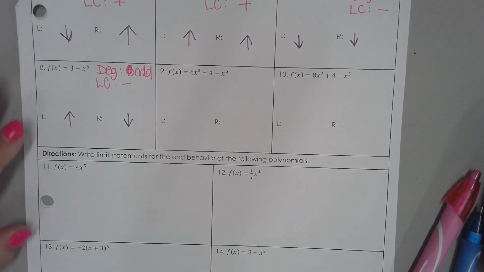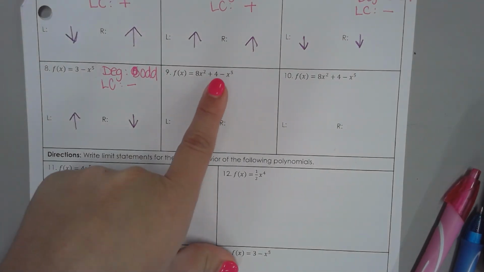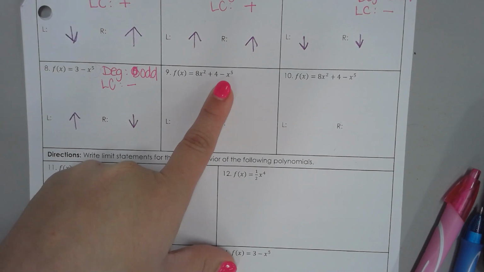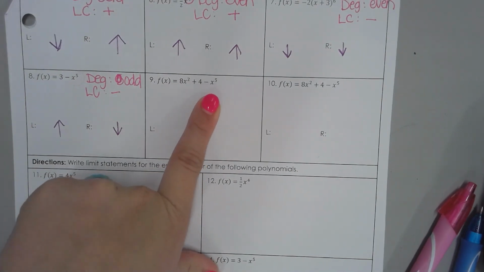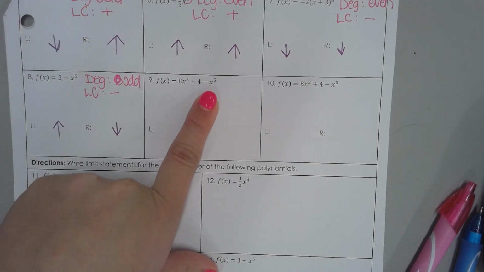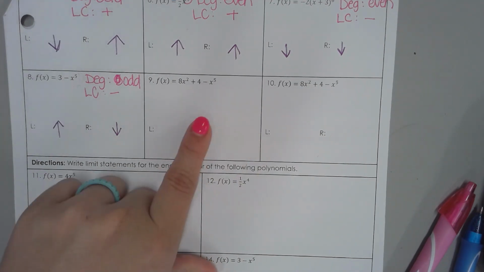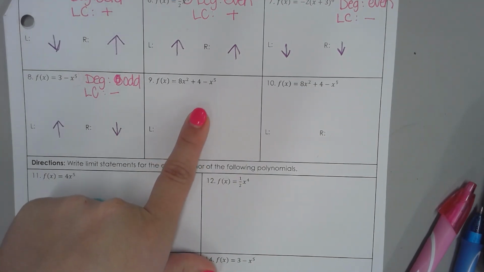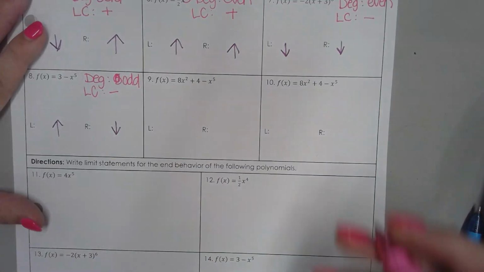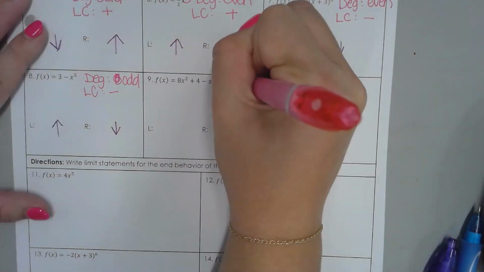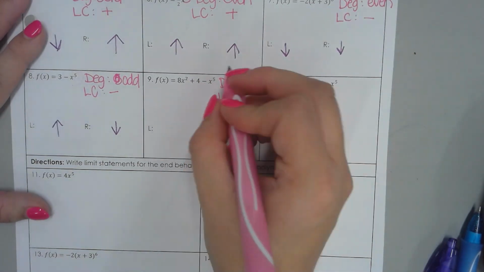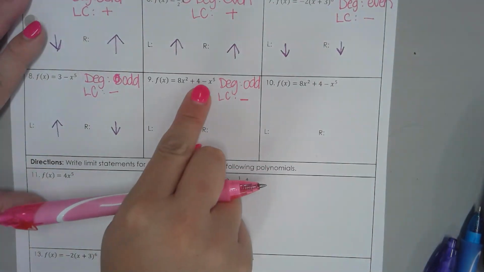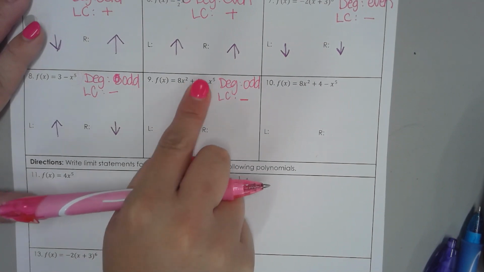I really messed up because this one is really the same. It has a negative x to the 5th. I think I probably copied and pasted and then didn't fix it. So this would be the same. 9 and 10 would also be an odd degree with a negative leading coefficient because my degree is 5.